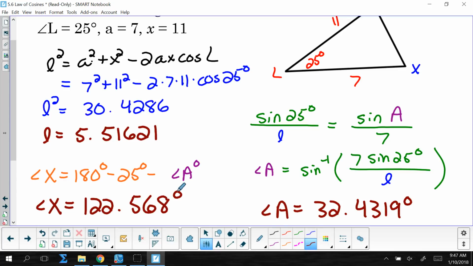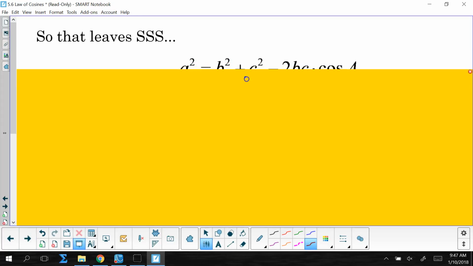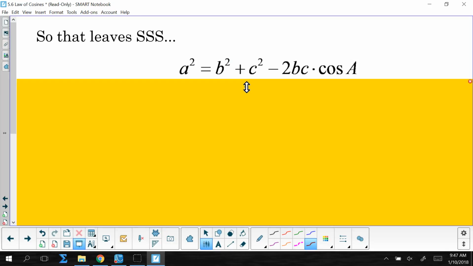Okay? All right, so that's side angle side cases. Now, that leaves us with one final case to talk about, and that is the side side side case. So if I take one of my law of cosines, and now I have the three sides, that means I have to find an angle next.